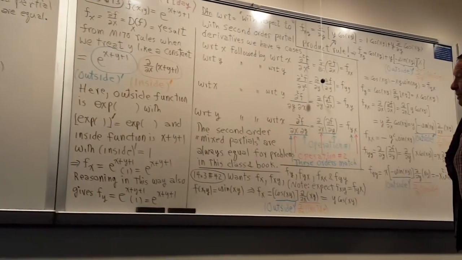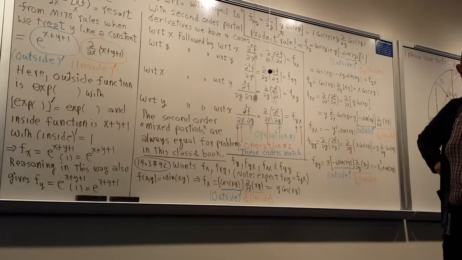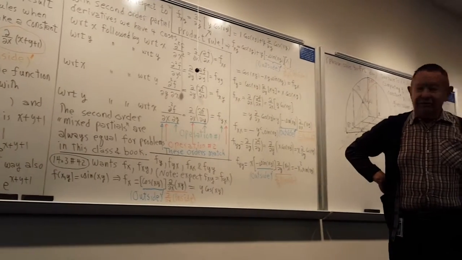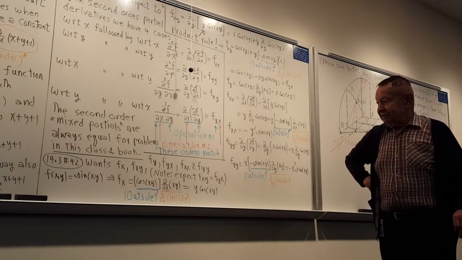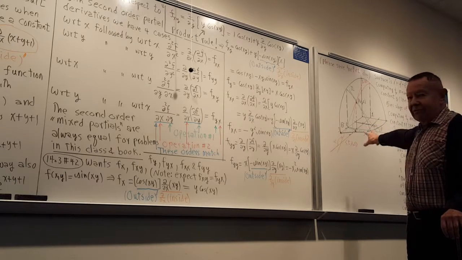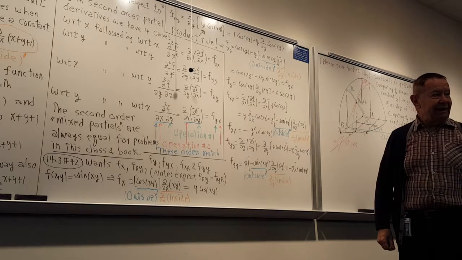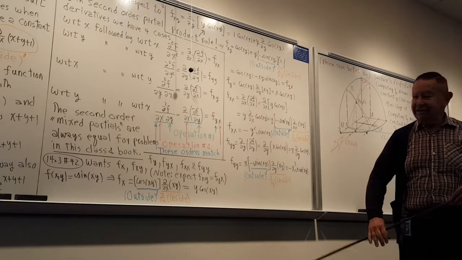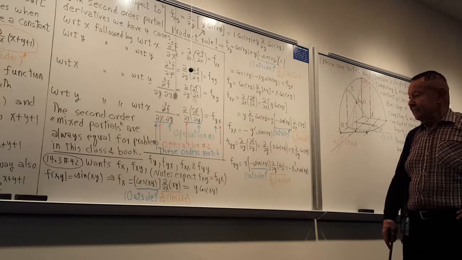So doing partial derivatives isn't all that hard to do as far as here's how you do it. It's much more an issue of, well, what have you done when you do it?